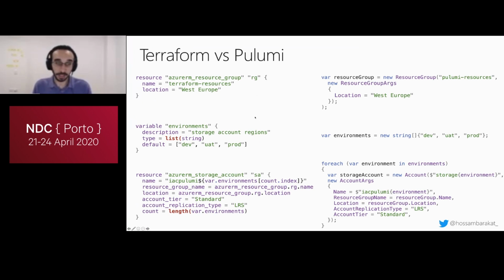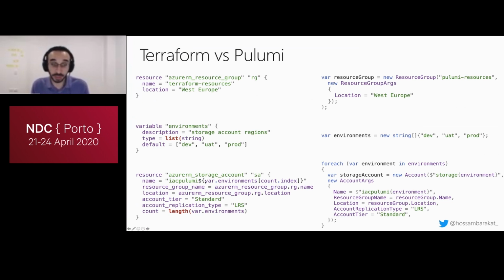If I want to define a variable of the type array, I need to learn this syntax of the variables and this specific type called list. However, in C#, it's just an array. Nothing to learn there. If I want to loop over this array to provision a storage account for each item, I need to learn how to use this count thing.